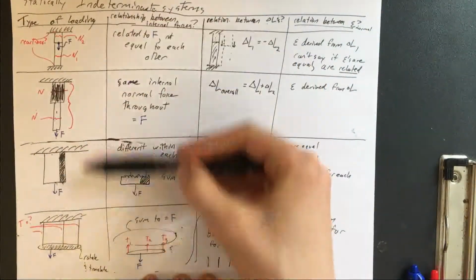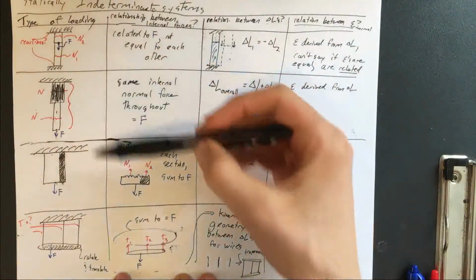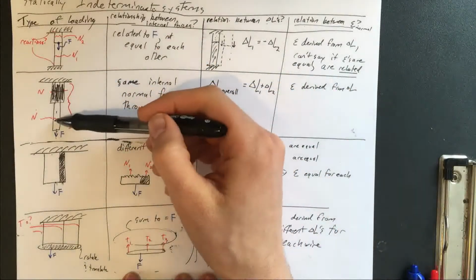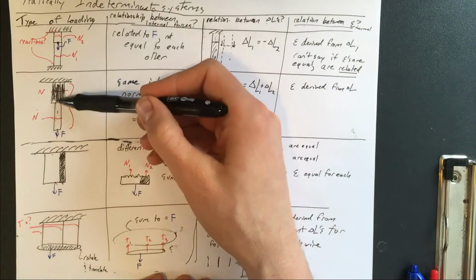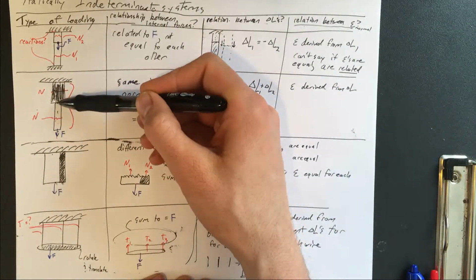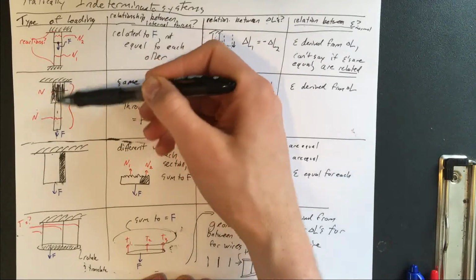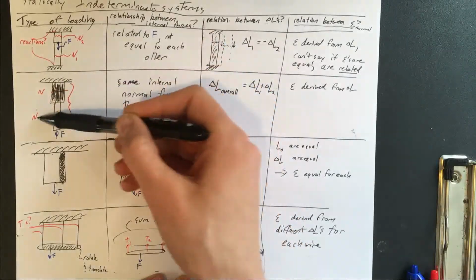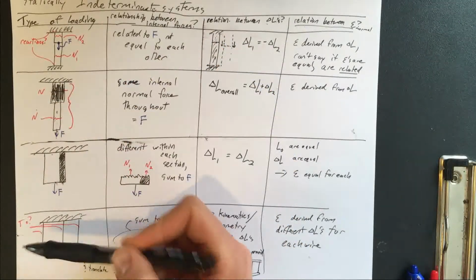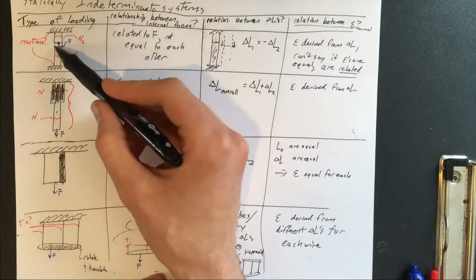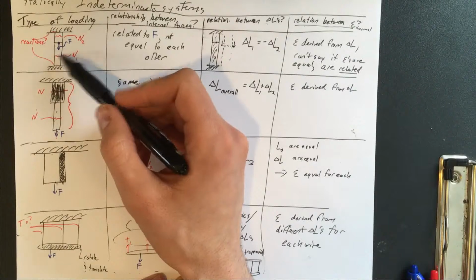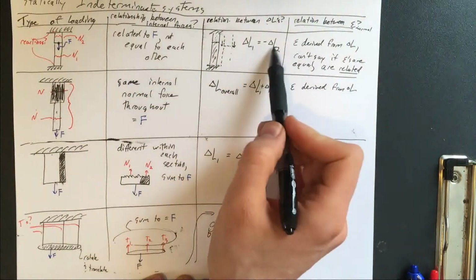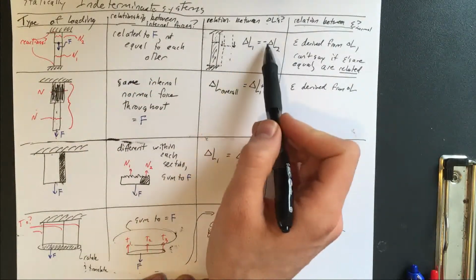Well, if we have different loading conditions, in some cases, the internal forces are related to one another. For example, if we have a single force that's transmitted first through one section and then through another section, and it's the same force in each section, which we would get if we cut it. We have some cases where the forces within each segment might be different, but there is some relationship between the delta L's.